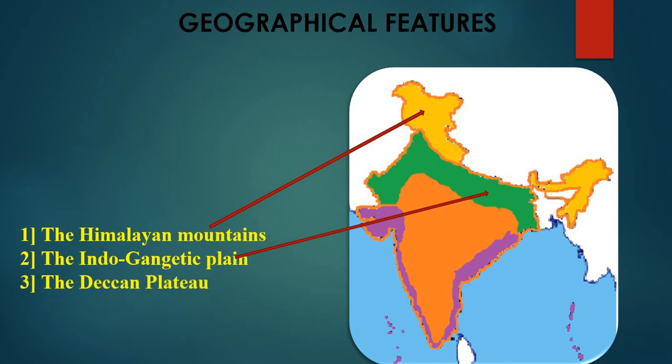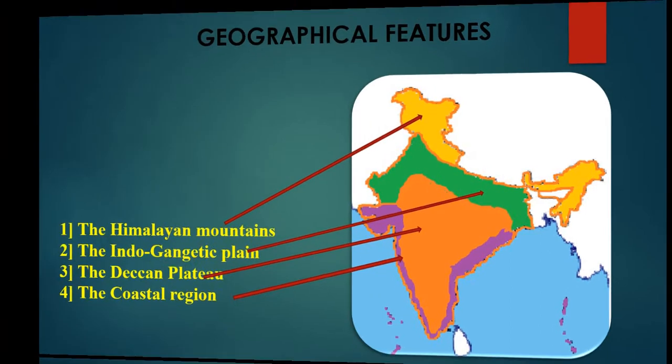The third one is the Deccan Plateau, and the fourth one is the coastal region. Students, let's study things in detail. The coastal regions are blue in color.